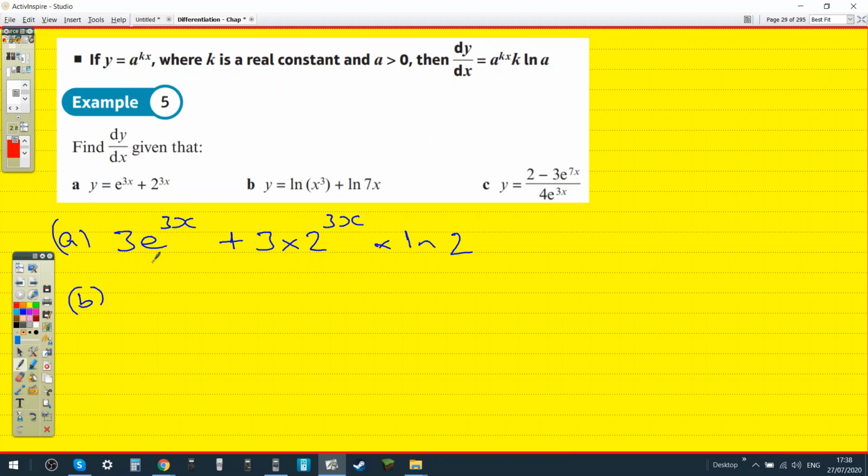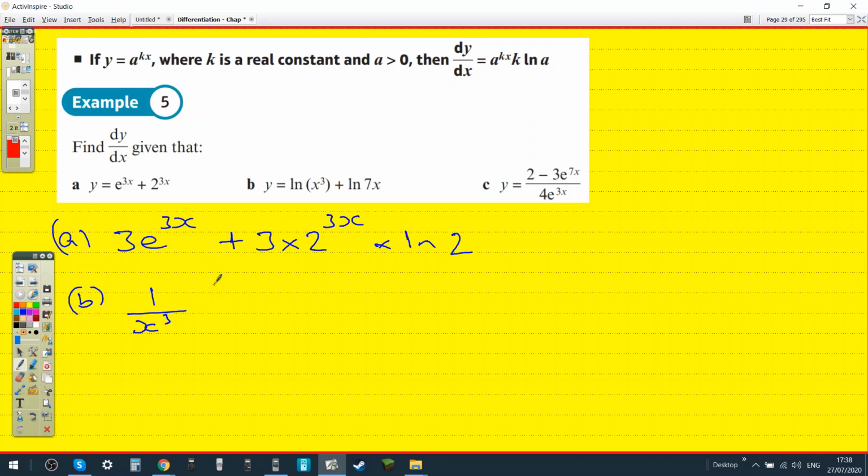Let me think about this. Could you not just say 1 over x cubed? I don't know. I think so. 7x.